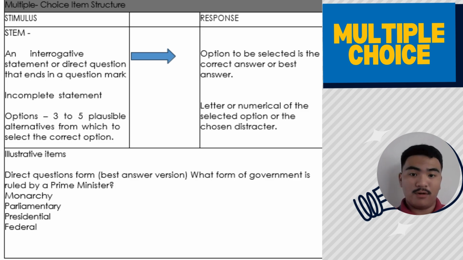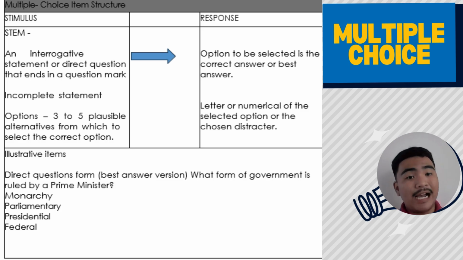And now, we have here another example. Direct question, best answer version: What form of government is ruled by a prime minister? Below, there are choices: monarchy, parliamentary, presidential, federal. Now, due to the statement, the government is ruled by a prime minister. That is the question asked.